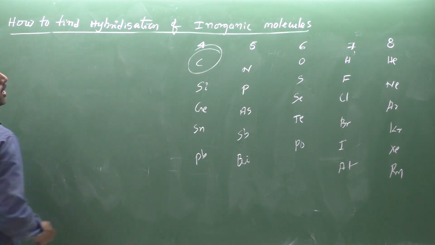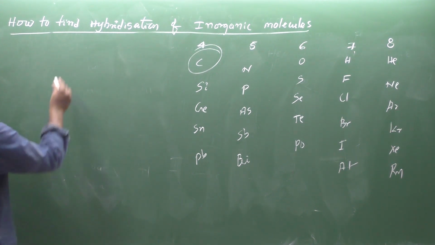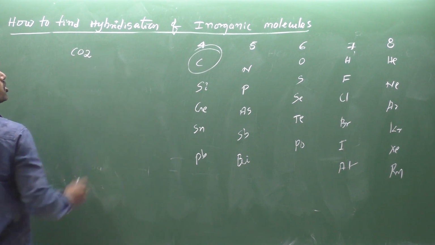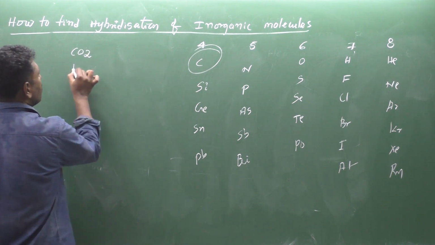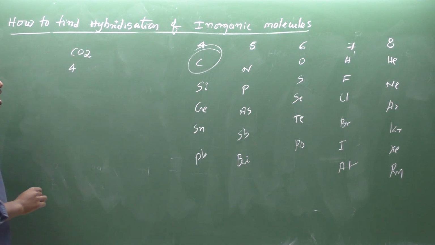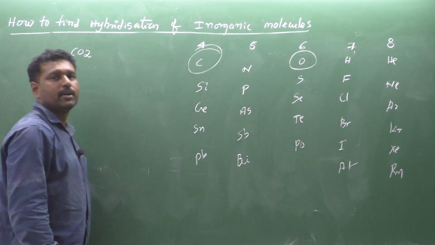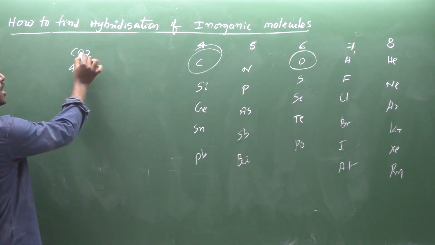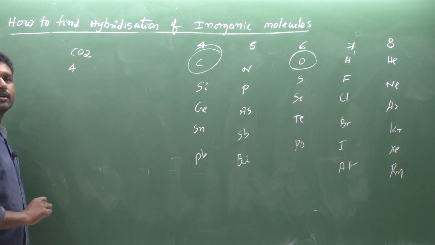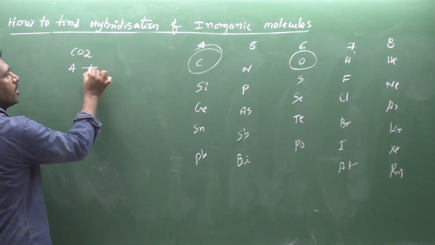First, we will discuss the hybridization of CO2. Carbon belongs to the 4th group and oxygen belongs to the 6A group. How many oxygen atoms are there here? Two oxygen atoms are there.